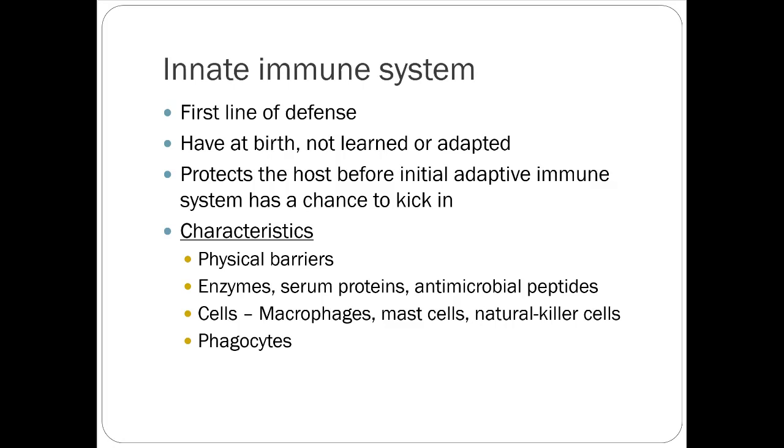So that's why we have physical barriers, we have skin, we have enzymes, serum proteins, antimicrobial peptides, and high stomach acid in the upper parts of the GI tract to help destroy things that we might not want in the body. And then we have cells that are naturally built in: macrophages, mast cells, natural killer cells, which will destroy foreign bodies, and also phagocytes.